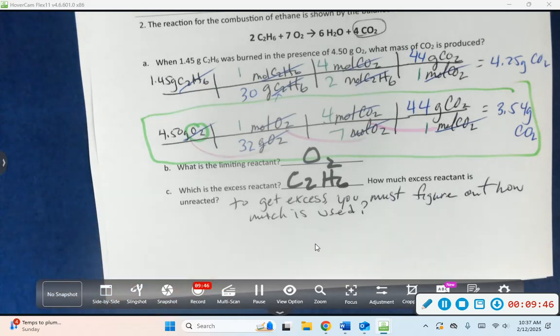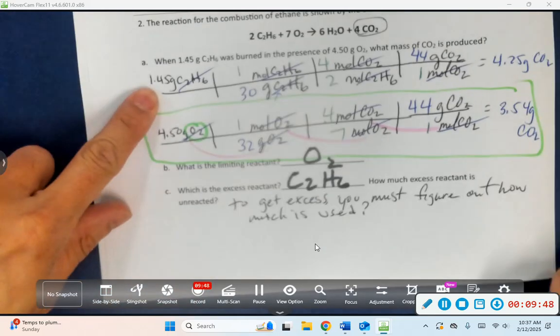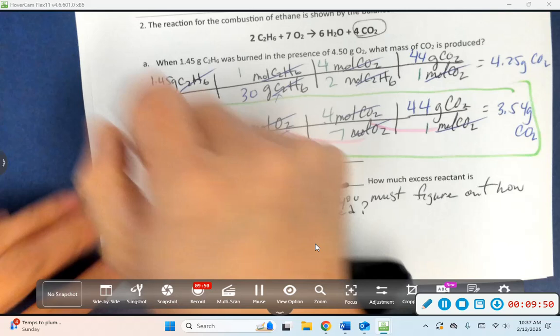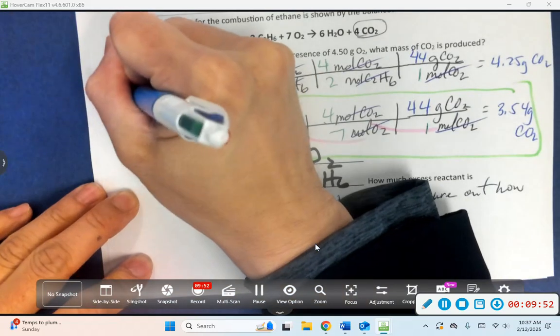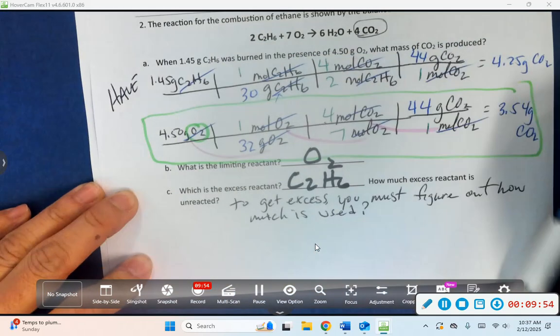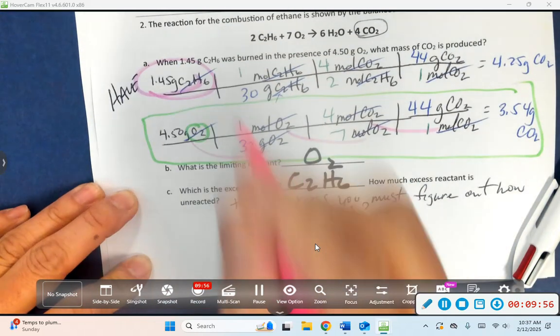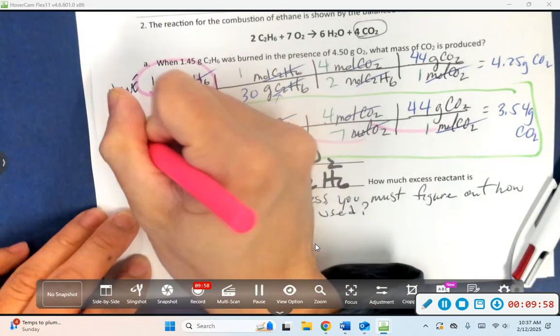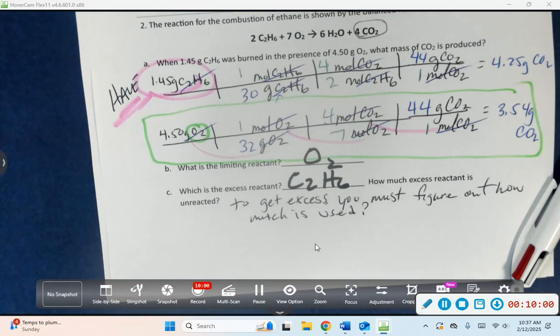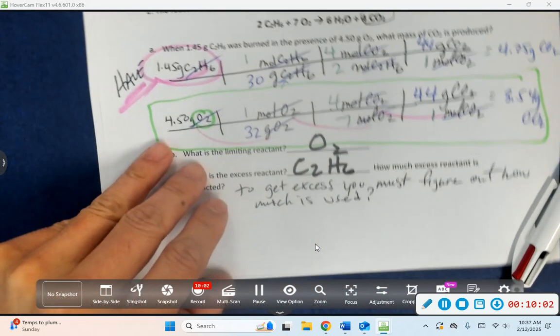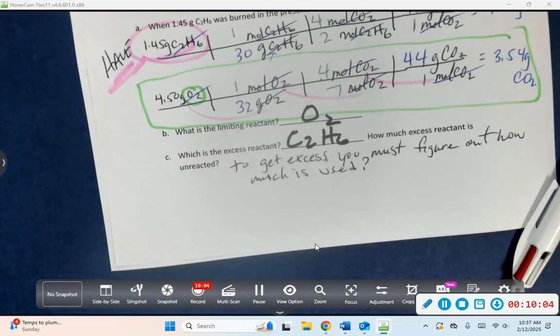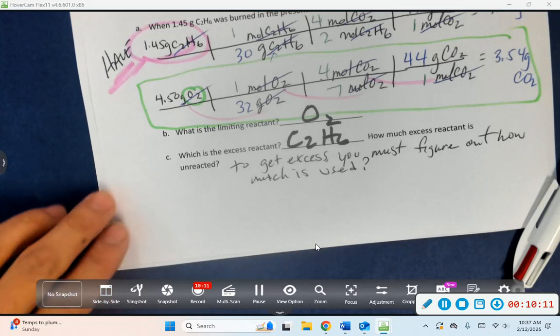So I have 1.45. You have this much. How much is used? How do we figure that out? This is a higher level thinking here. This is a higher level process here in chemistry. So you know that we produce.